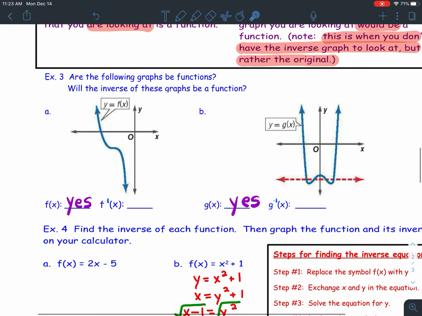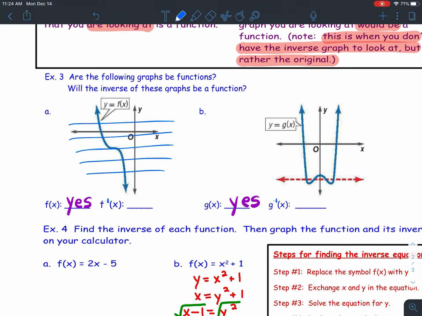Okay, so you would say to yourself, well, can I draw any horizontal lines that would pass through these graphs in more than one point? Well, on the first graph, it feels like that would pass the horizontal line test, which means I could conclude, even though I don't know what the inverse graph looks like necessarily, I could still say that I know it's going to be a function because the original graph passes the horizontal line test.